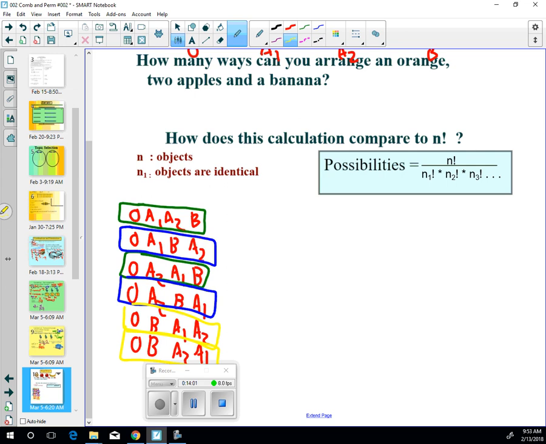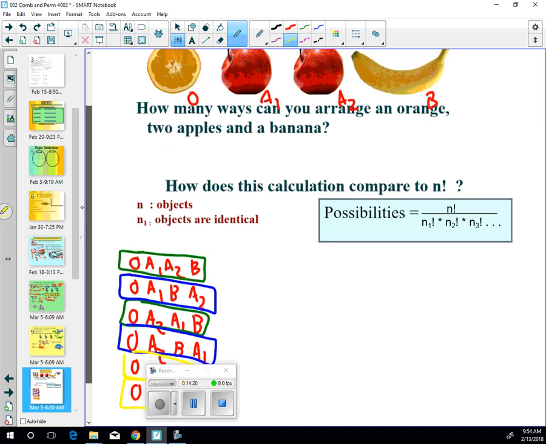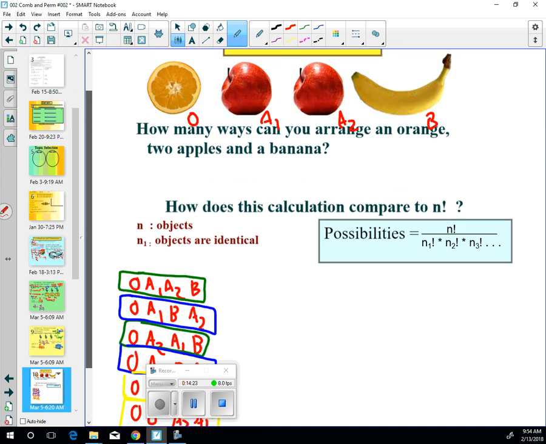So what did that do to my total? Reduced it by 2, didn't it? And what if I had A2 first, A1, B? It still would be half, right? So do I need to do the other 3 sets? No. Essentially what happened here is we took this total n factorial and divided by the repeaters.